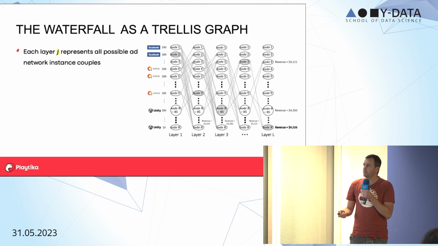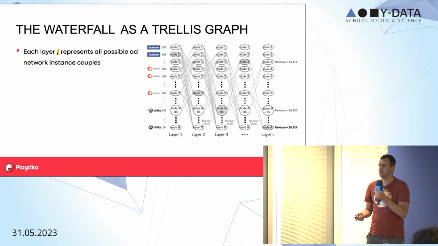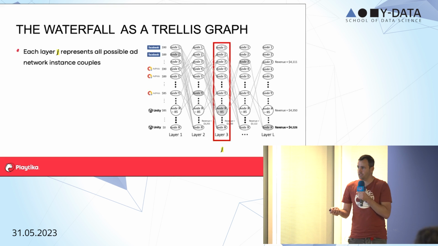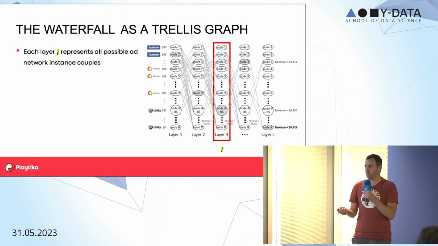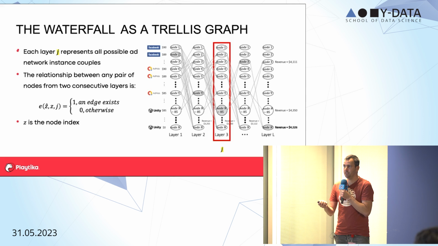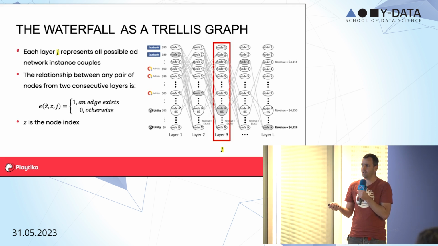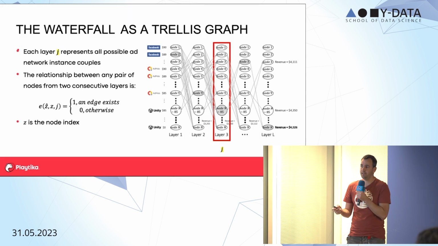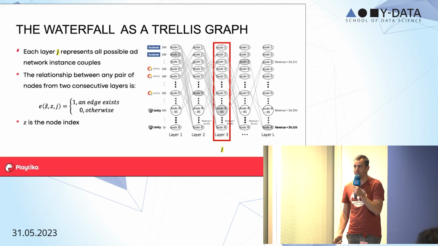Okay. So as I said, this is the J layer, and the relationship between any pair of nodes from 2 consecutive layers can take the value 1 or 0. 1 means that an edge exists between 2 nodes of 2 consecutive layers. Note that if it's 1, it doesn't mean that the edge is in the optimal path, but it means that it's a valid one.